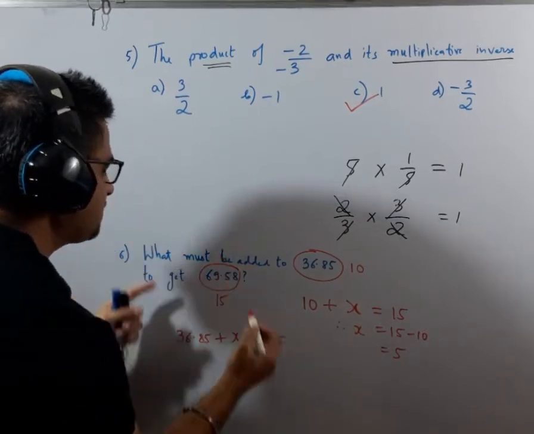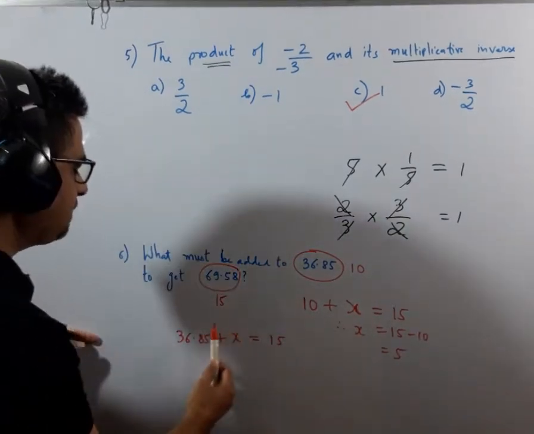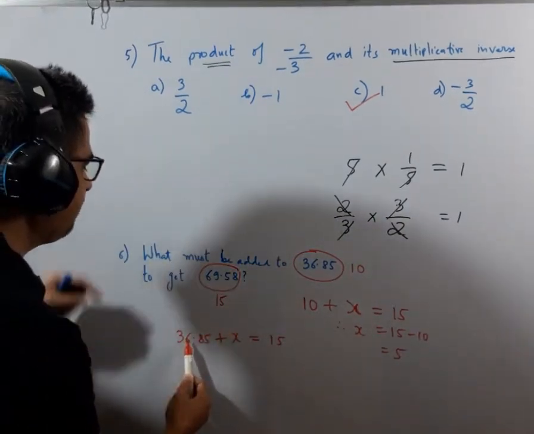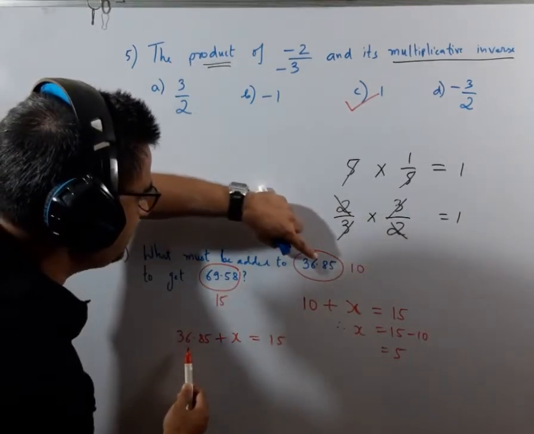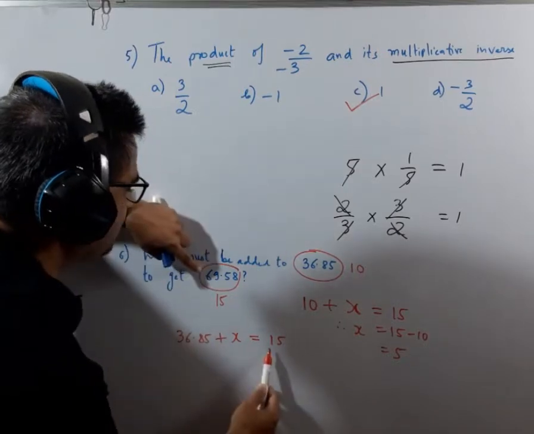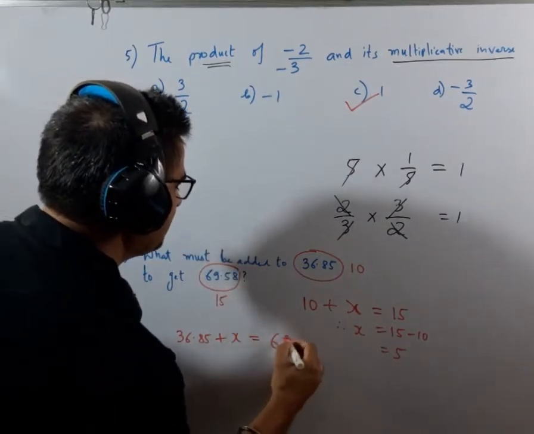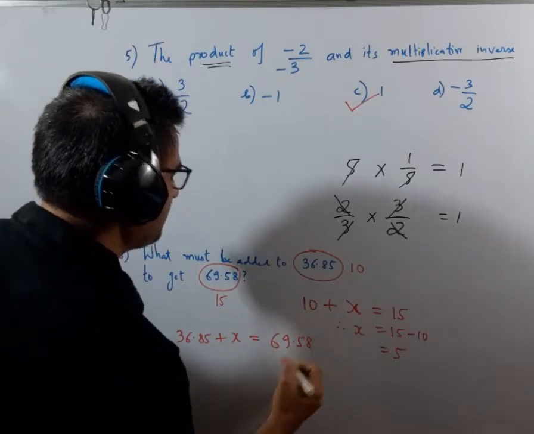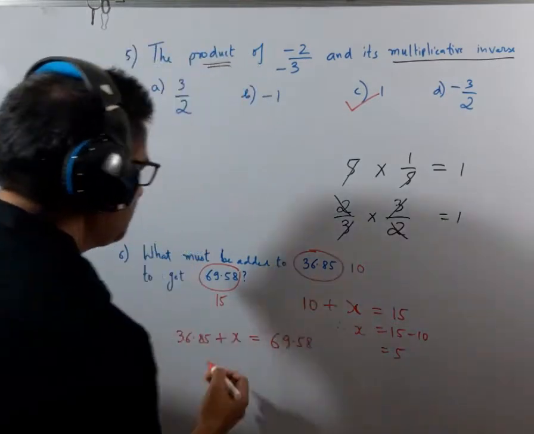Now read this question side by side with this equation. What must be added to 36.85 to get 69.58? And whatever we did here, we need to do the same over here.